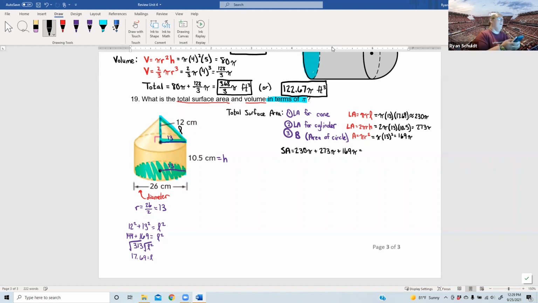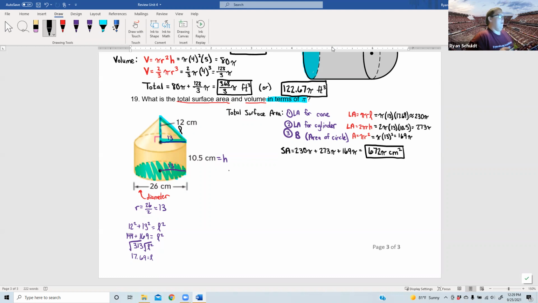So add those up. That gets you 672 pi centimeters squared. Whew. That one was a long one.